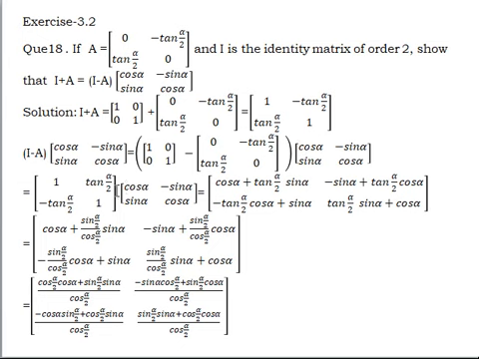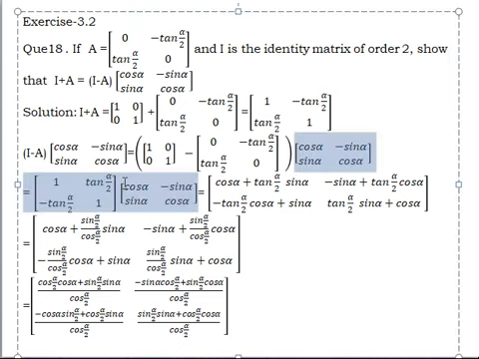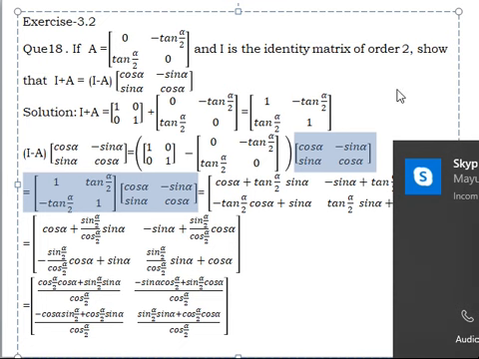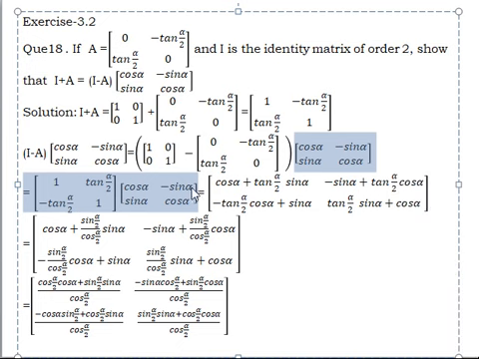Now again, this is a second order matrix and this is also a second order matrix, and we have to multiply these two matrices. First step is cos alpha into cos alpha, so here 1 into cos alpha plus tan alpha by 2 into sin alpha.